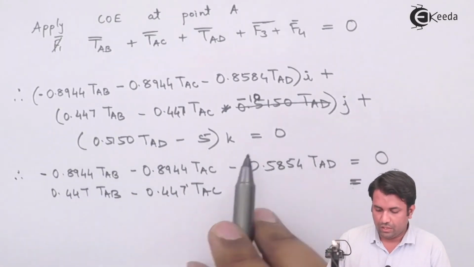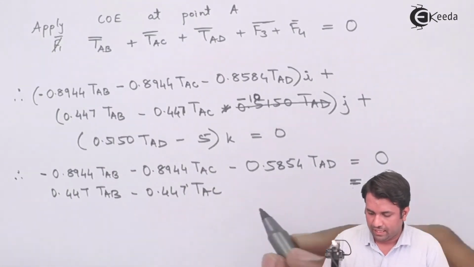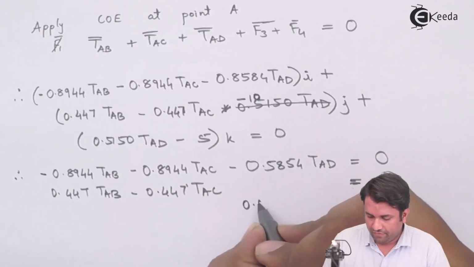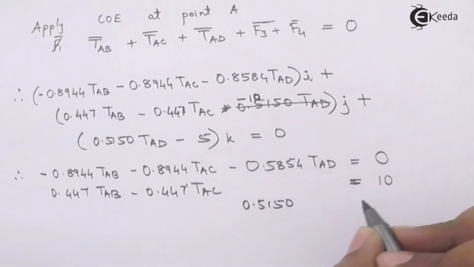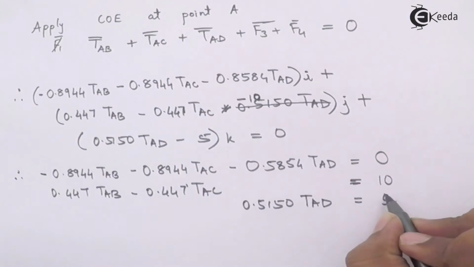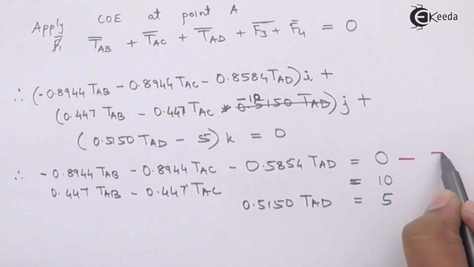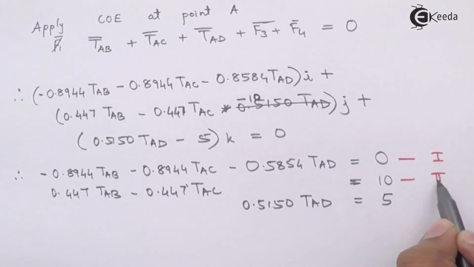Then this equation, I have only TAD and minus 5. So I'll take it on that side again. So 0.5150 TAD equal to 5.